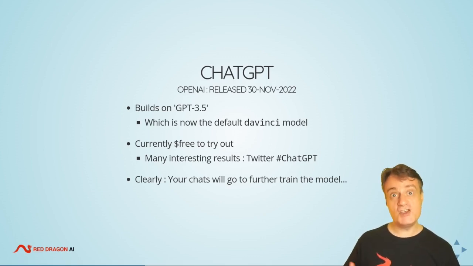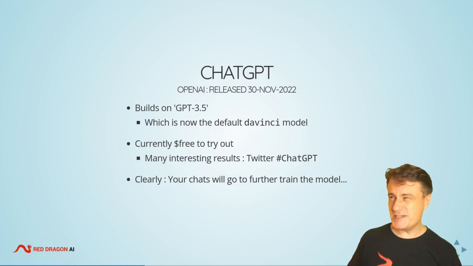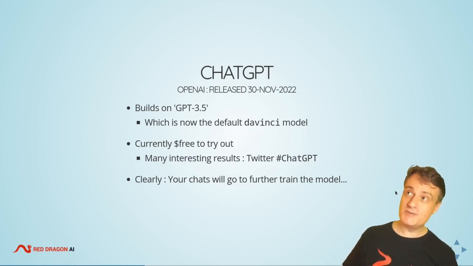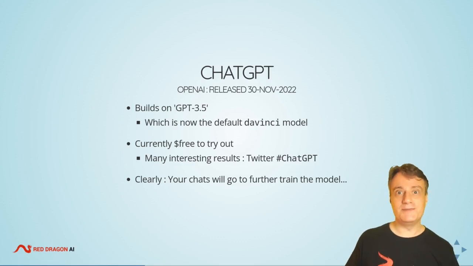So the default huge model for GPT-3, which is an OpenAI model, has now been upgraded. Unfortunately, that invalidates lots of papers which just said we're using the biggest model which came before. Who knows exactly what data this was trained on? It's essentially closed, which is ironic.